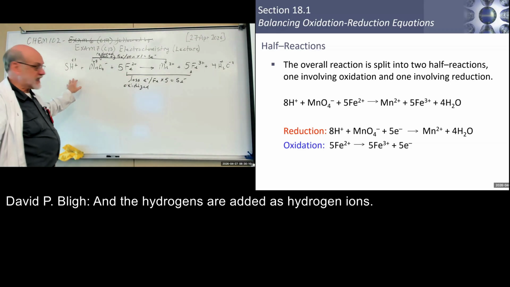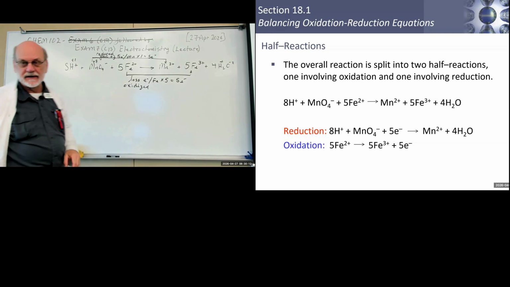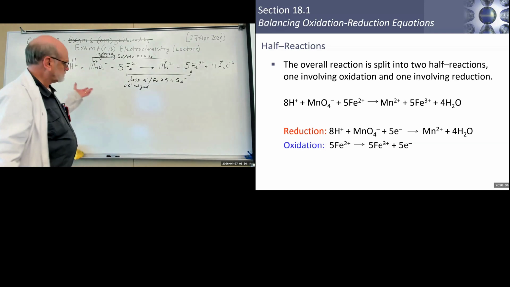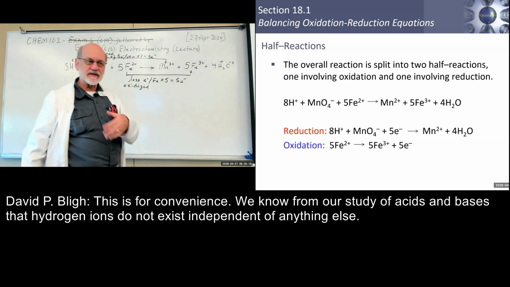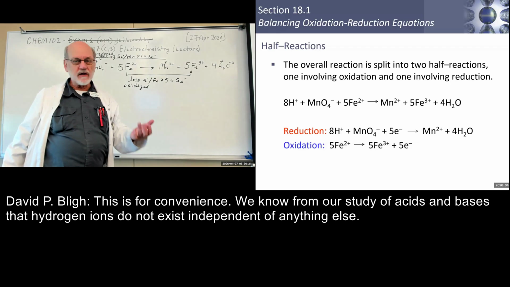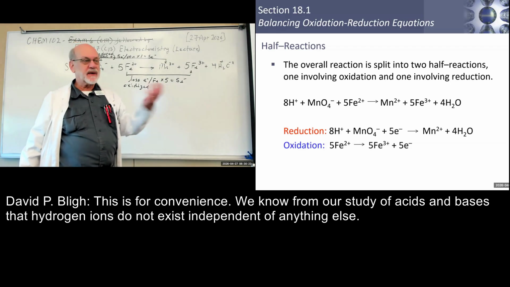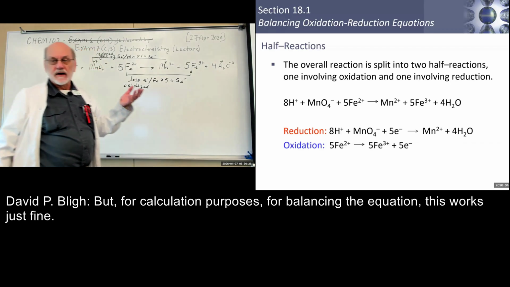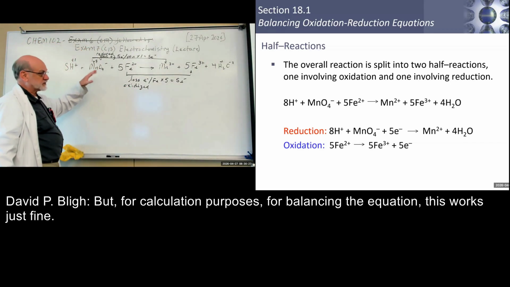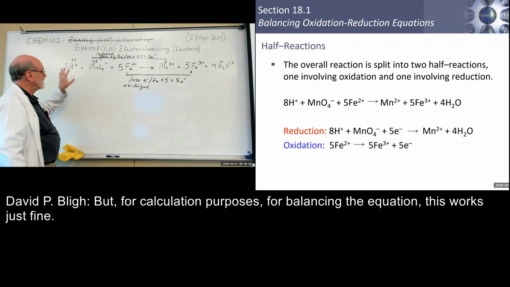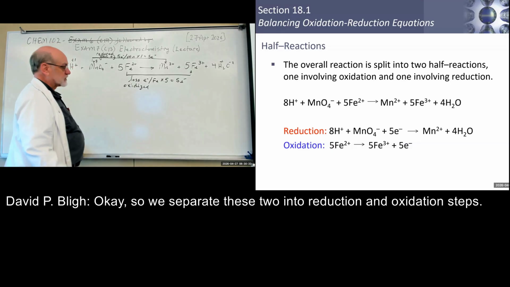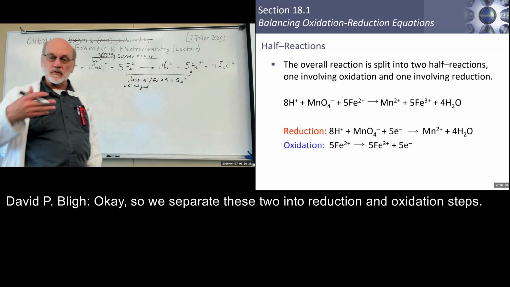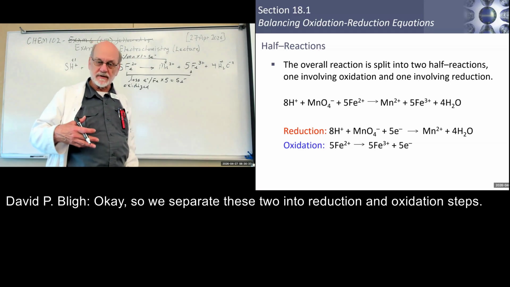And the hydrogens are added as hydrogen ions. Now, this is for convenience. We know from our study of acids and bases that hydrogen ions do not exist independent of anything else. But for balancing the equation, this works just fine. So we separate these two into reduction and oxidation steps.